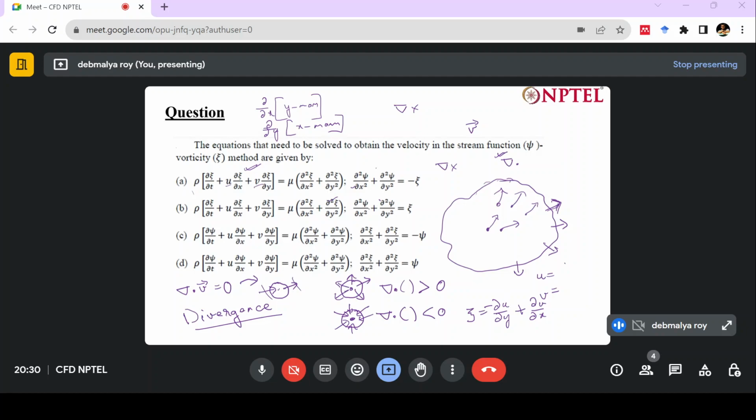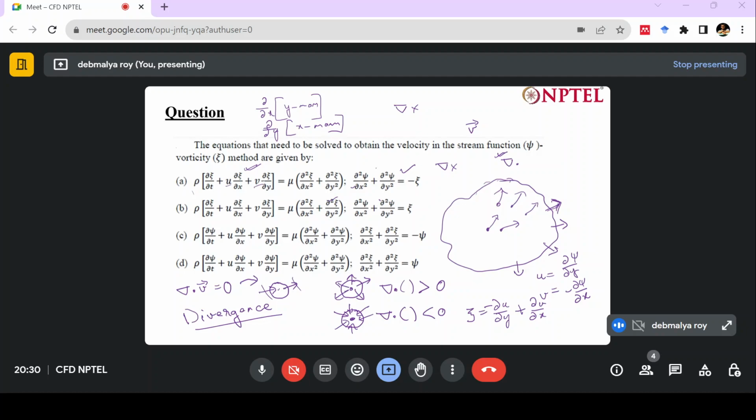The stream function definitions you can put in here. So u is, this is minus. If you put this here, you will find that in the first option there is a minus sign. This is a simple Poisson equation.